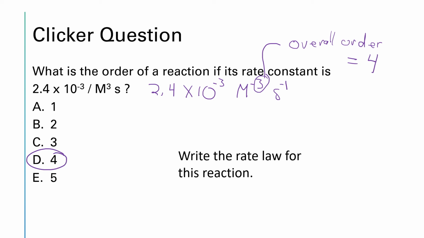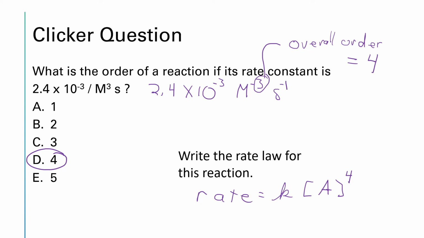Now, we don't have the fourth order integrated rate law as part of what we're looking at in this chapter, but we certainly can write the rate law now for this reaction. Since we know that it's fourth order, we could say that the rate is equal to k times whatever the reactant is raised to the fourth power. Now, that would not necessarily be strictly true because the rate law could depend on more than one chemical.